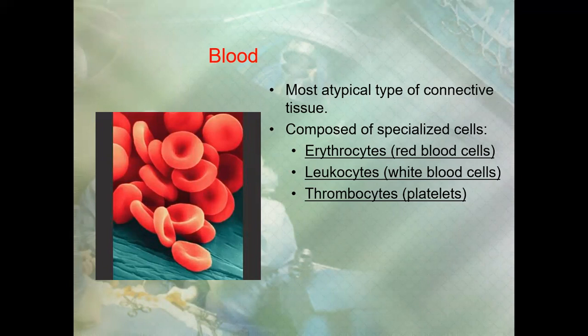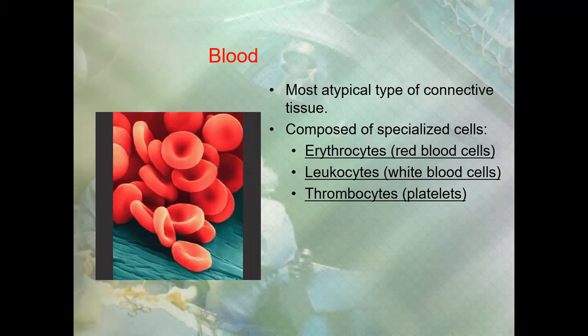We consider it a connective tissue though, number one, because it connects literally every system to every other system, and its general makeup has a liquid ground substance and cellular makeup. The makeup of the blood is very similar to the spaghetti that we talked about last week. It's just far more fluid.